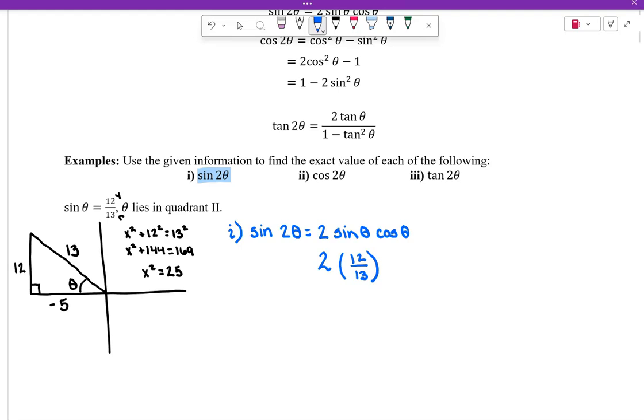And then cosine, remember that's x over r. So that's going to be negative 5 over 13. So let's see what we got here. Nothing cancels. So what's 12 times negative 5, and then you double that? That will give us negative 120 all over 169. And that would be our answer for sine of double theta.